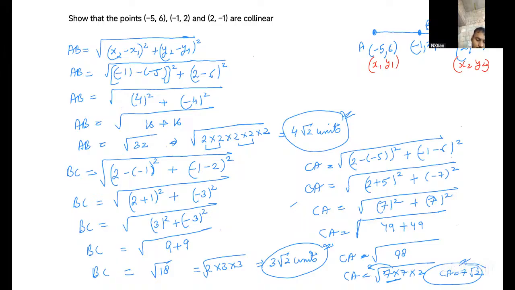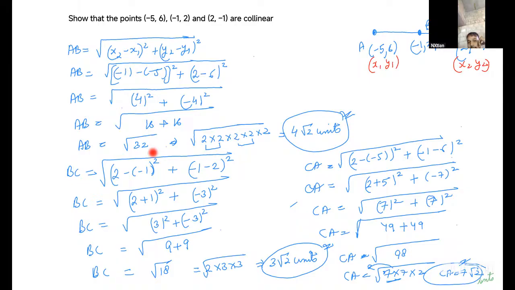Okay, Agatha, did you understand? Yeah, I actually got a square root and square wrong. My bad. In the AB distance, I didn't simplify the square root of 32. In BC distance, I mistakenly added 9 plus 9 as 81. It was 18.